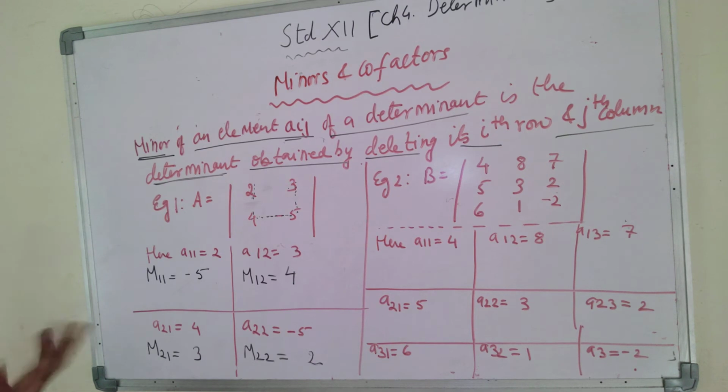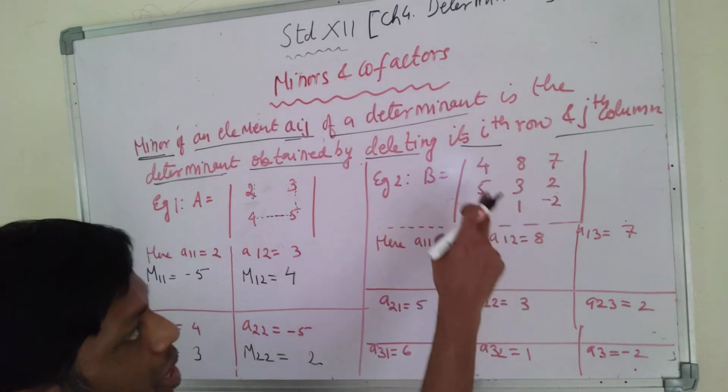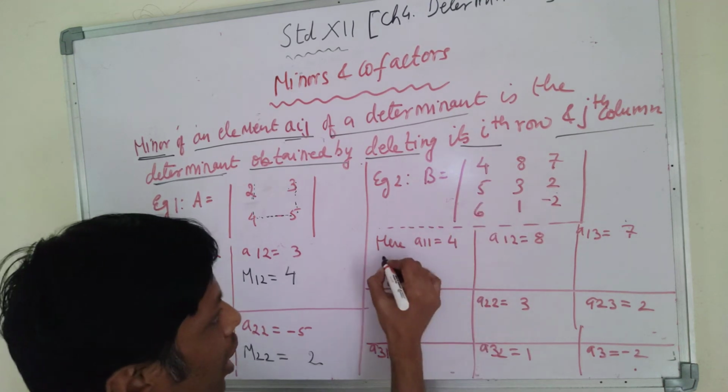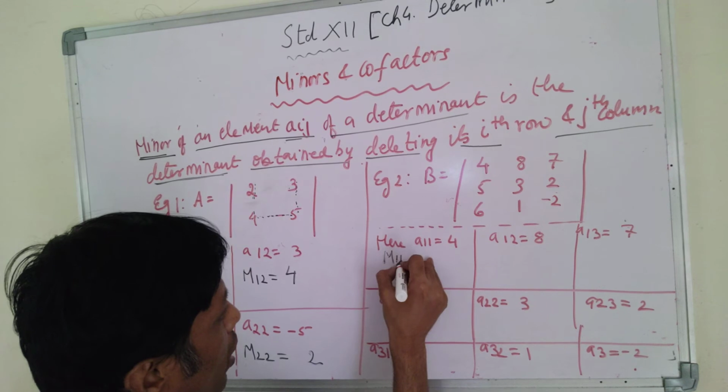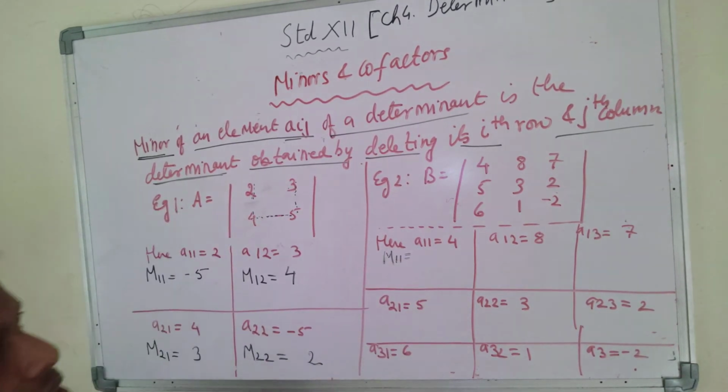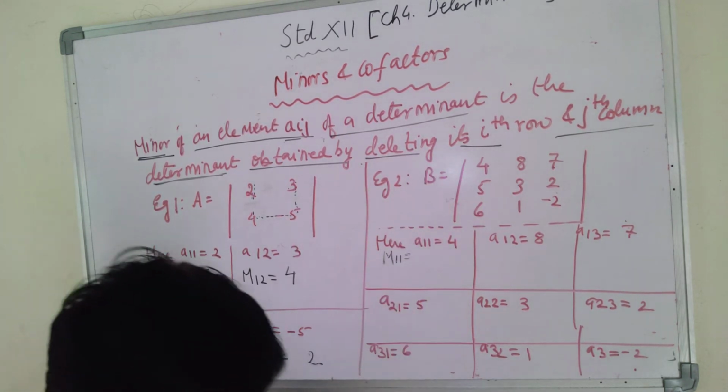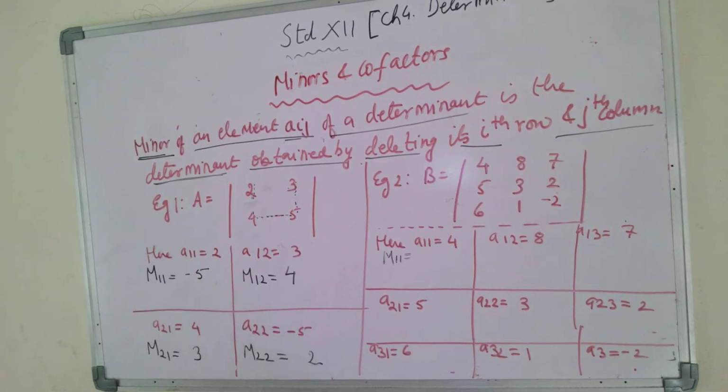This is very simple when it comes to 2 by 2. When it comes to 3 by 3, I need to find M11, that is, the minor for the element 4. You need to take the determinant of the remaining.